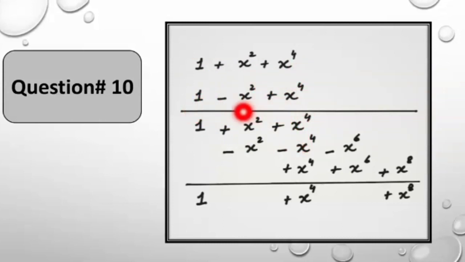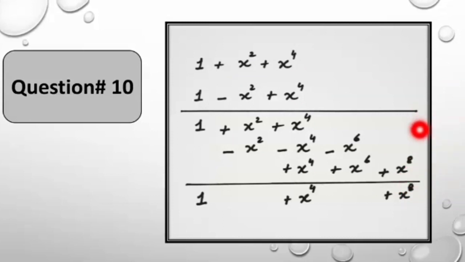Now multiply minus x square by 1, minus x square by x square will be minus x4, minus x square multiplied by x4 will be minus x raised to power 6. Now multiply x raised to power 4 by 1, the product will be x raised to power 4, x raised to power 4 multiplied by x square will be x raised to power 6, x raised to power 4 multiplied by x raised to power 4 will be x raised to power 8.